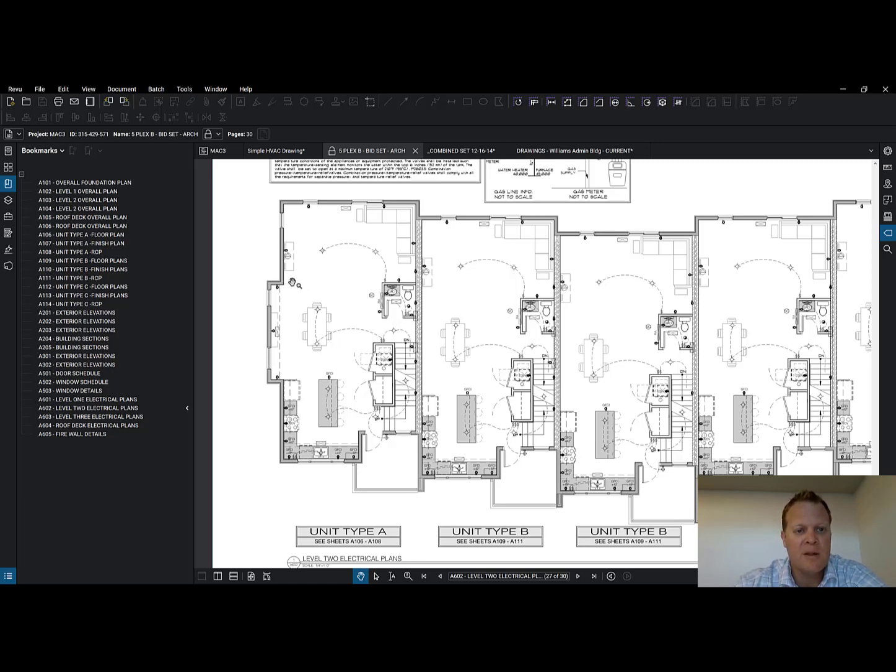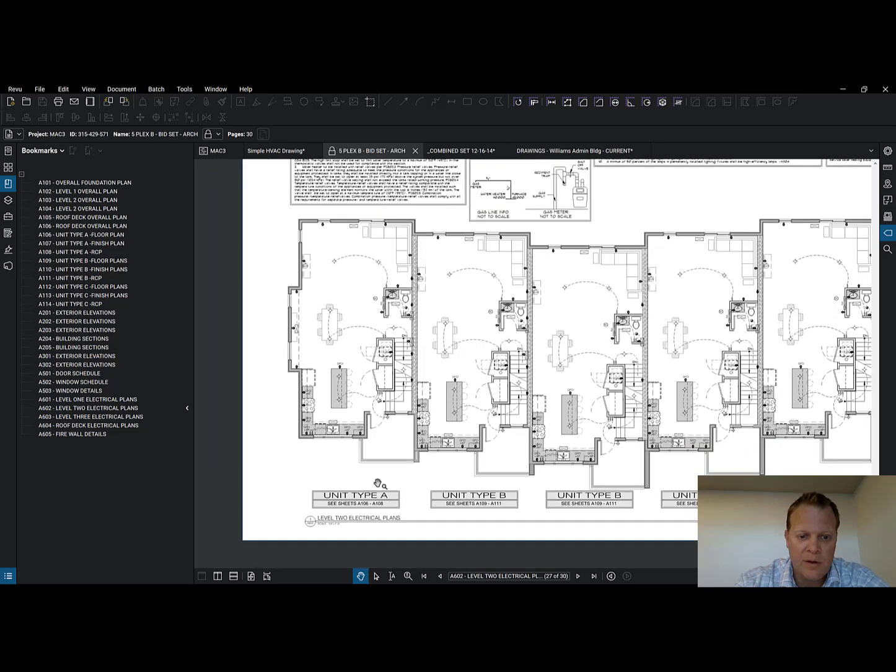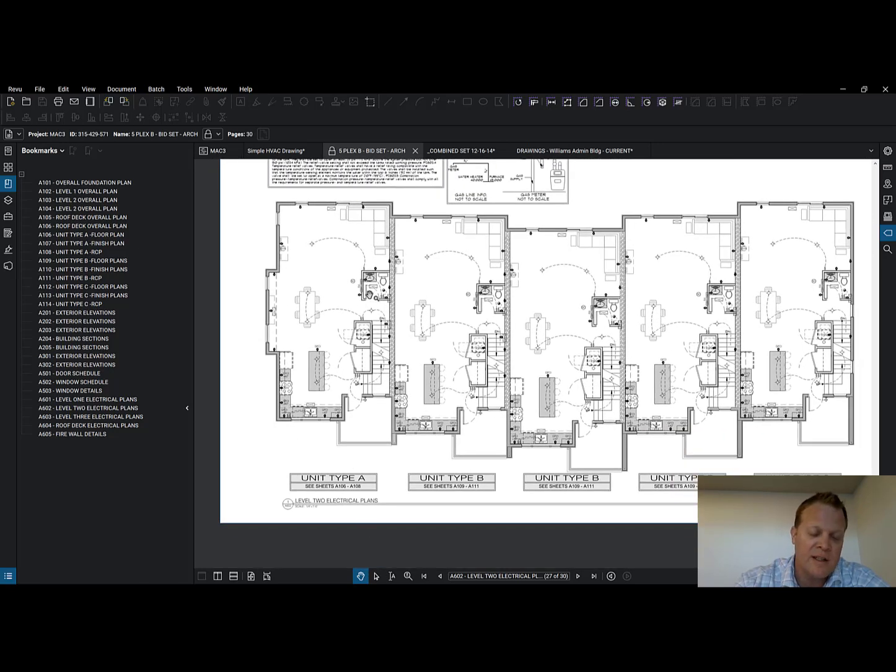So if there's a beam in the floor right here and the furnace down below is right here, we're not going to be able to get through to get to that one. And maybe we do it in the next floor up. Imagine it being in the floor of, or the ceiling, the roof, the ceiling space of the second floor.